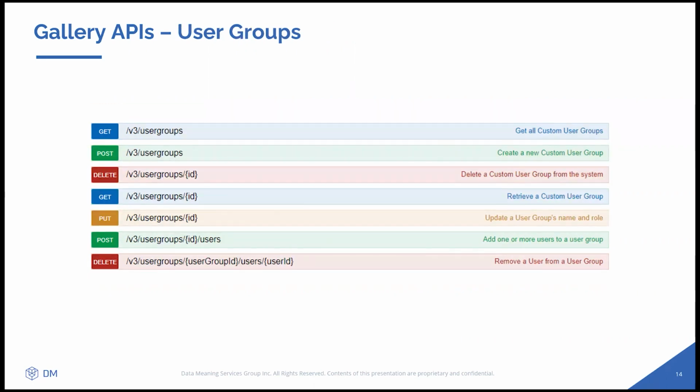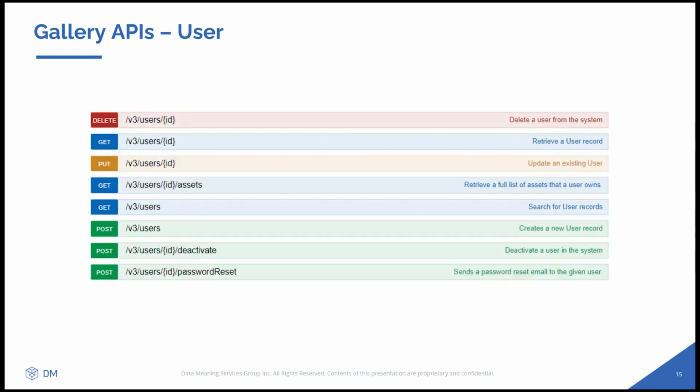Now, user groups. Here again, pretty much all the operations that you can perform on the gallery are going to be available using the API calls. The same goes for the user.